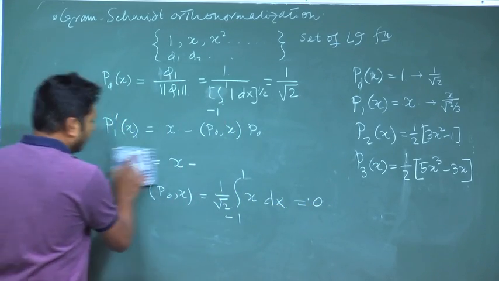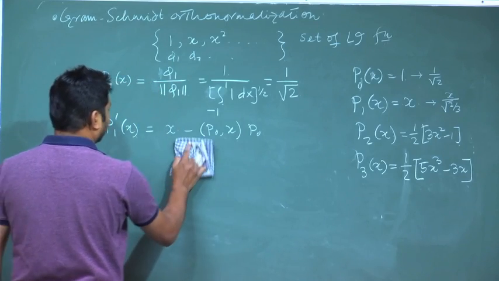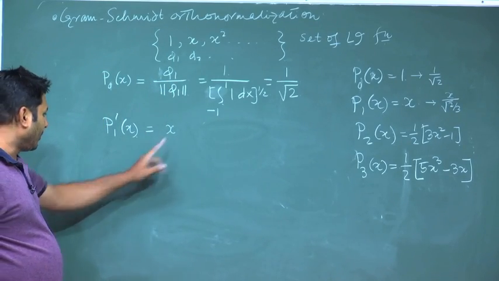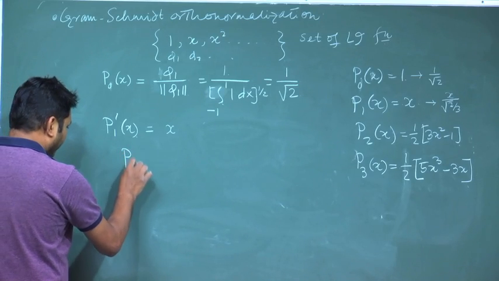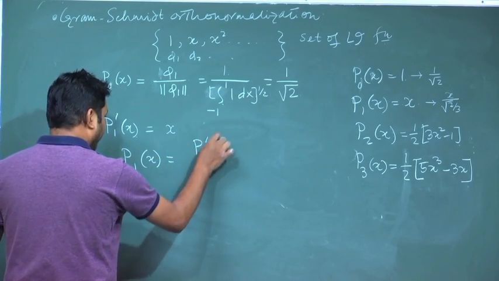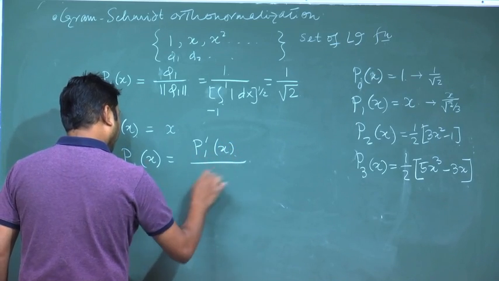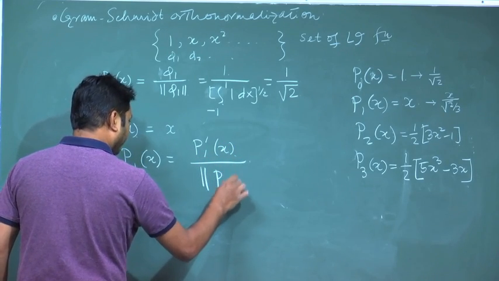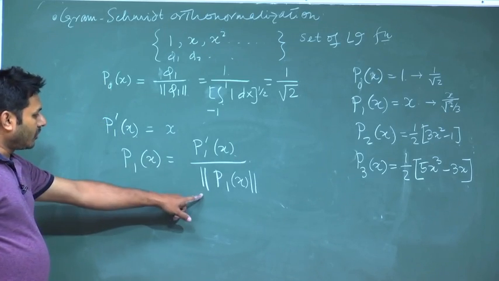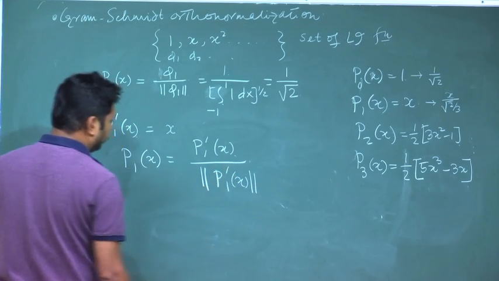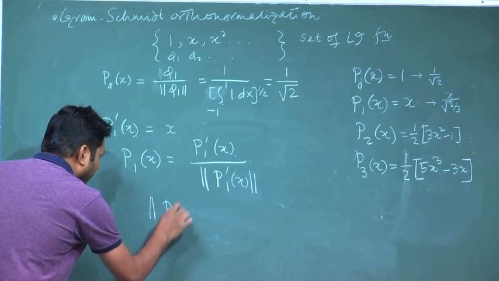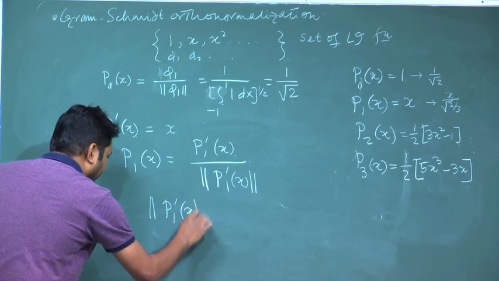So, I will eventually have my second function just x. Now, I have to normalize. So, my original p1 x will be my p1 prime x divided by the norm of p1 prime x. And what is the norm of p1 prime x?